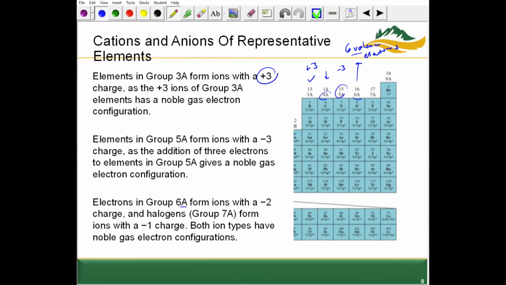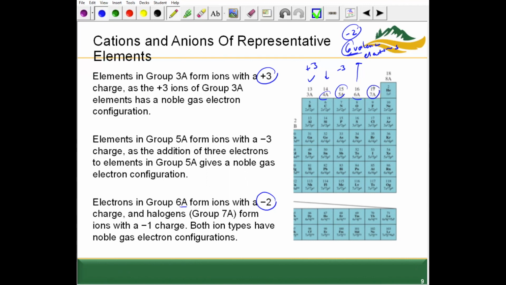That is why group 6A elements will form -2 ions, because they're taking their 6 valence electrons, adding 2 more to become -2. As they're adding on 2 more electrons, they are reaching that happy complete octet. So 6 valence electrons originally, plus 2 more, that leads to 8 valence electrons, a happy complete octet.